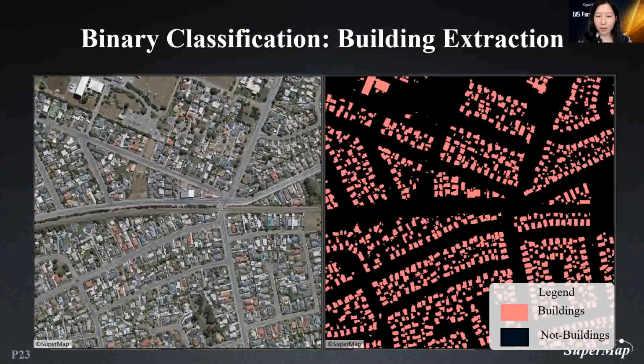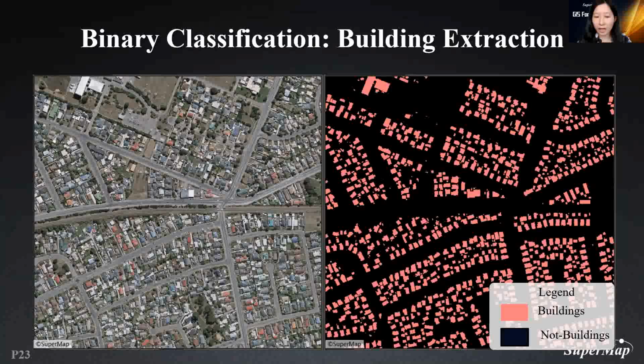About binary classification. Binary classification can be used in images to distinguish buildings from non-buildings. SuperMap uses a geospatial deep learning algorithm to classify a certain type of feature in the reconnaissance image and determine whether the image pixel is a building, and generates binary result data with values 0 and 1.